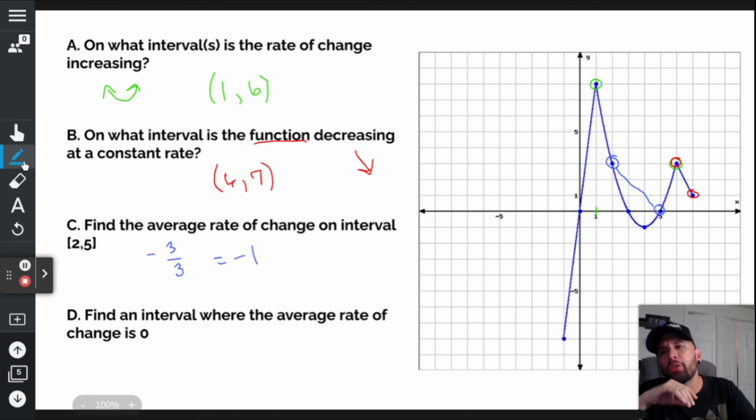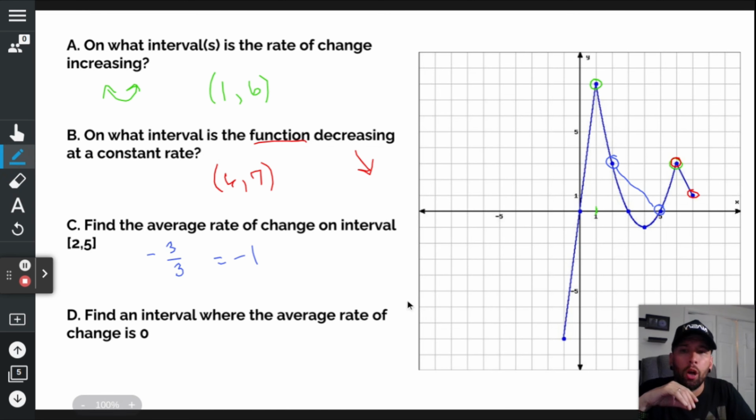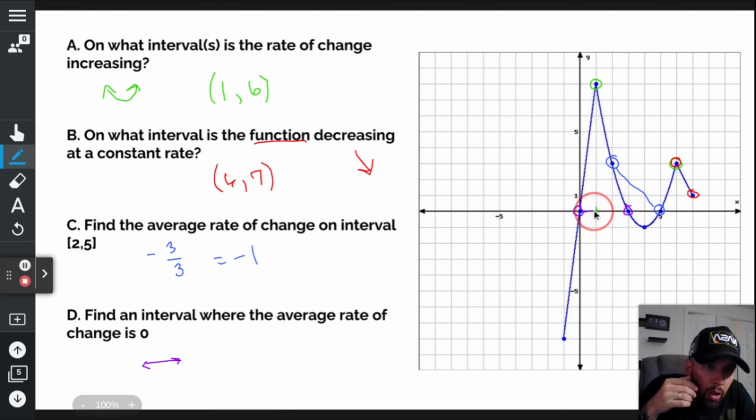Also, find an interval where the average rate of change is 0. If the average rate of change is 0, that means you get a horizontal line. So there are several places that I can do that. I could do from here to here. That gives me a horizontal line. I could do from here to here. That gives me a horizontal line.